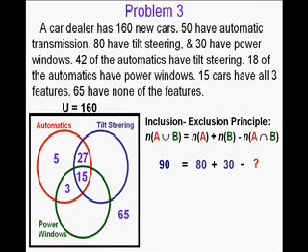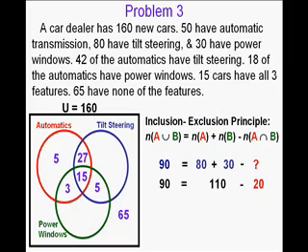And that's the intersection. And I can solve for that. 80 plus 30 is 110, which leads me to believe that that intersection must be 20. And if the intersection is 20, this area in here is 5.